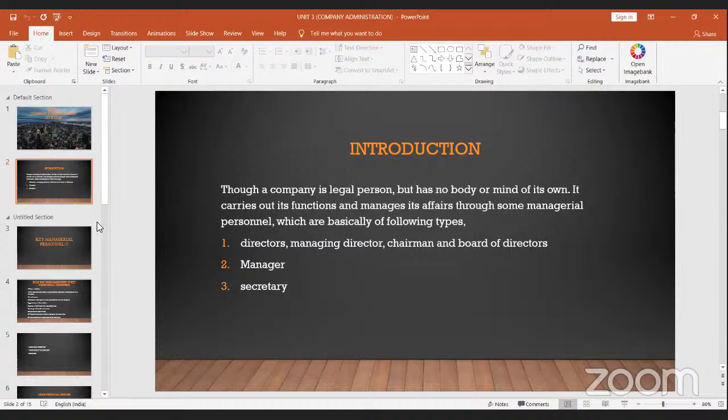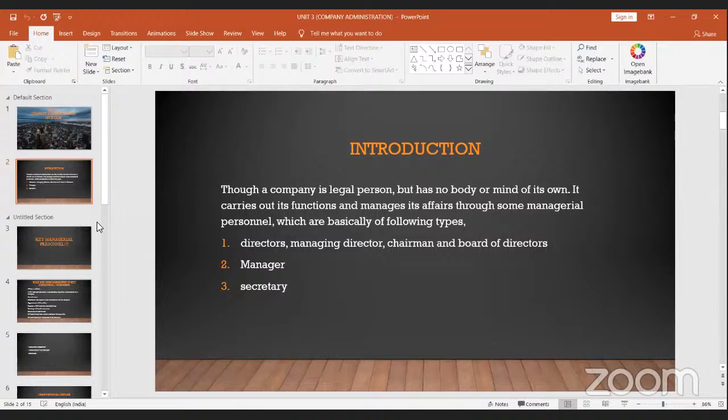As you know, the first chapter is the introduction, and the second chapter is formation of a company. In the introduction chapter, we already learned the various kinds of companies. What do you mean by a company? In the second chapter, we learned about formation, the various stages of formation, the five stages we have discussed: the promotion stage, selecting the name of the company, subscription, the incorporation, and the commencement of the business.